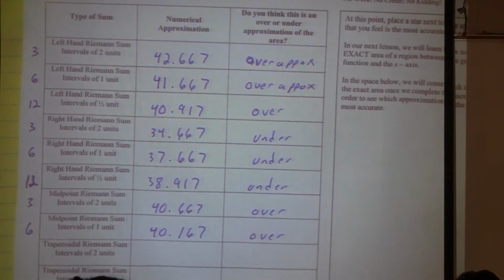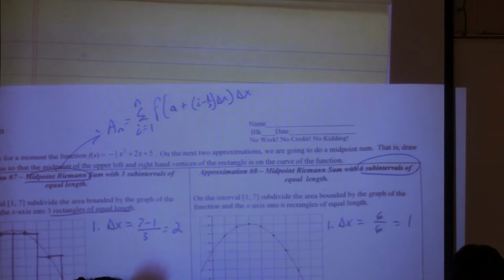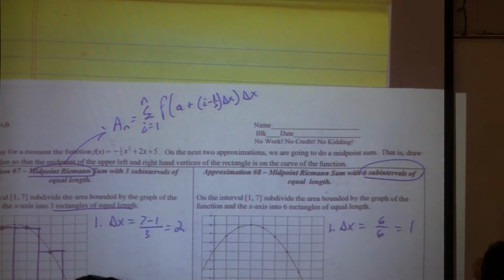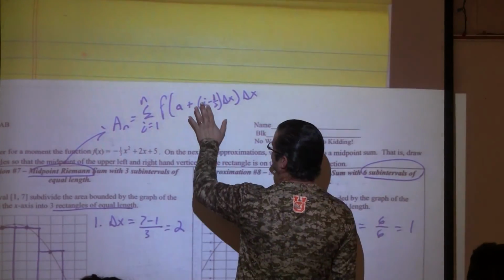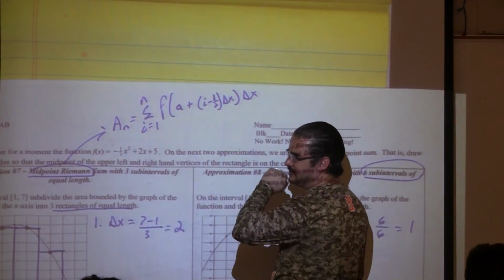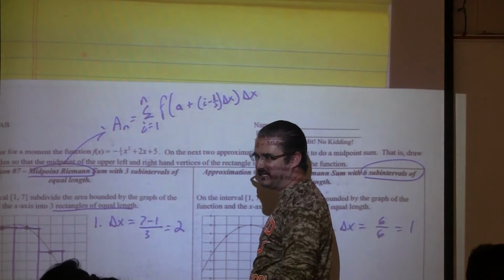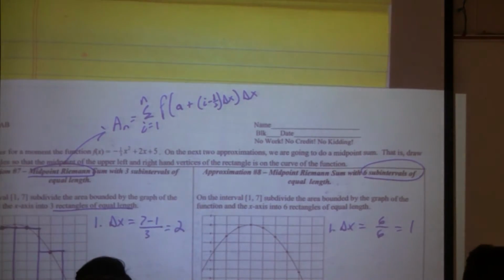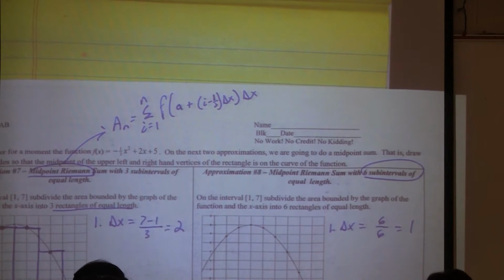Got it? So ultimately what you have to take home from today is the formula for the midpoint Riemann sum, right? And the only thing that changed in the formula was that instead of adding 1 delta x, or instead of taking away 1 delta x, we're only taking away half a delta x. We good? Well, let's add that formula up here.